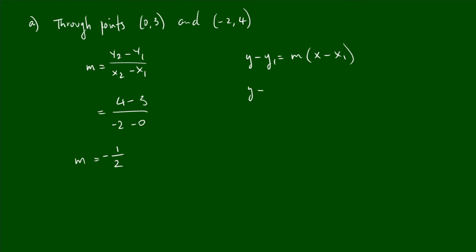So you have y minus, let's say 3 equals -1/2 bracket x minus 0. So you have y equals, you distribute the -1/2 to the x and to the 0, you get -1/2 x, and you add 3 to both sides, you get plus 3. That is the equation that goes through points 0, 3 and -2, 4.